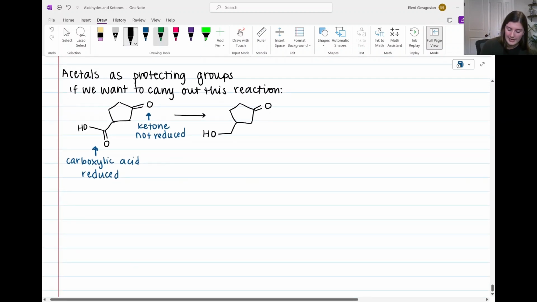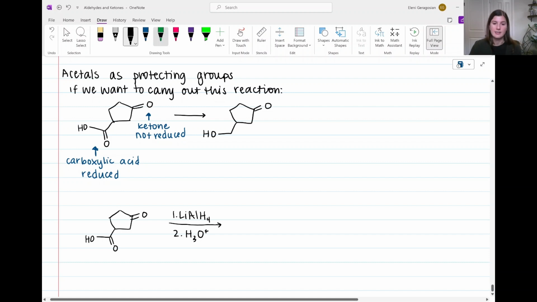Well, the reagents that will reduce a carboxylic acid, let's redraw the molecule here. Our reagent that reduces the carboxylic acid is lithium aluminum hydride. So we have lithium aluminum hydride in one step and then some acidic, let's say H3O plus, as a second step.